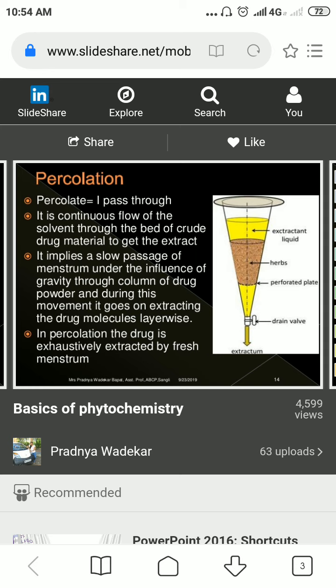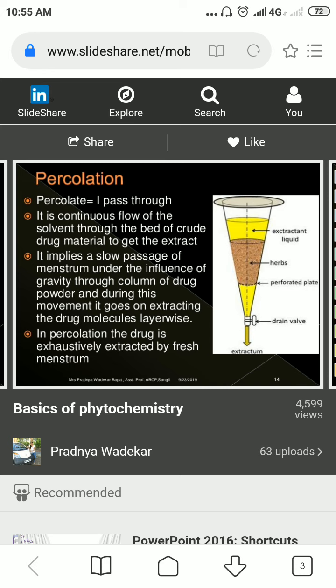What is the basic difference between maceration and percolation? In maceration you simply keep the drug immersed, soaking. The time taken for maceration is 3 to 7 days according to the nature of the phytoconstituent. The time taken for percolation is 24 to 48 hours. Then, somewhat skilled persons are required for percolation. The person has to know the proper arrangement of the percolator, but in maceration no skilled person is required.